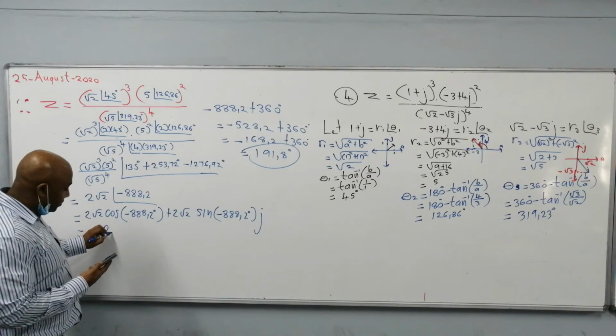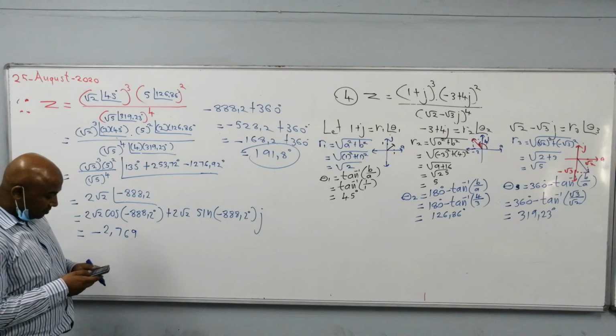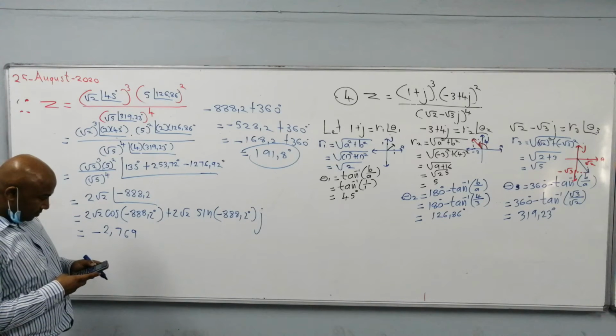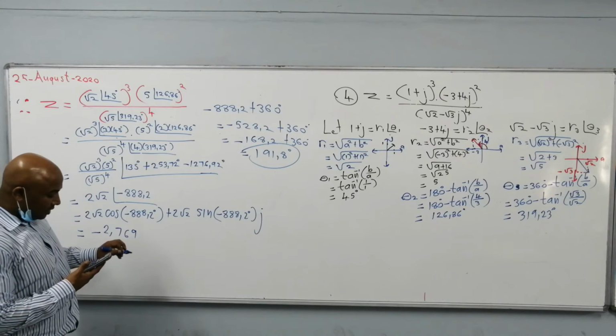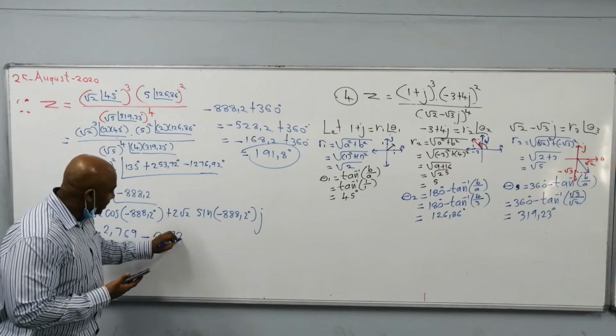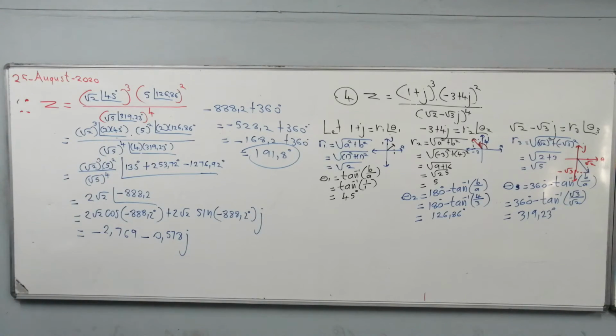I'm getting minus 2.769 here. And here it's minus 0.578j. Just double check everything. I was working fast on the calculator. So let me just check that negative angle here first, minus 888.